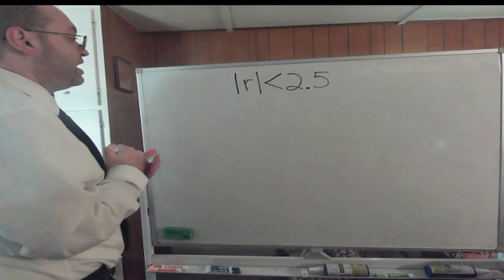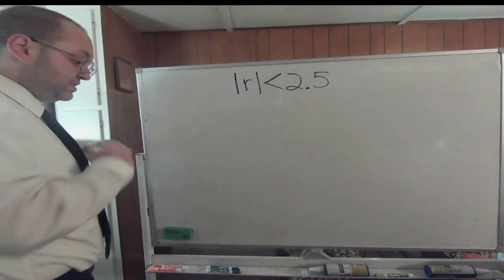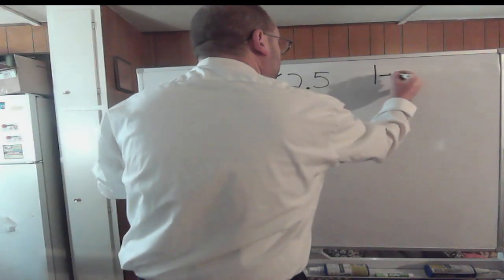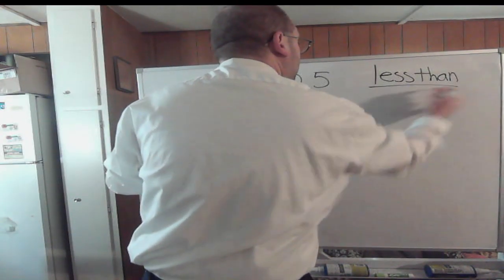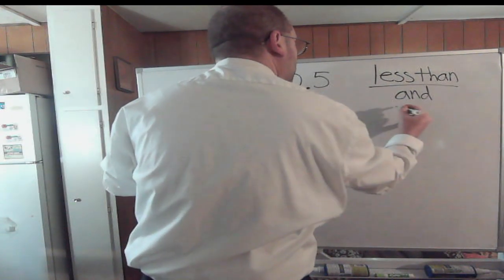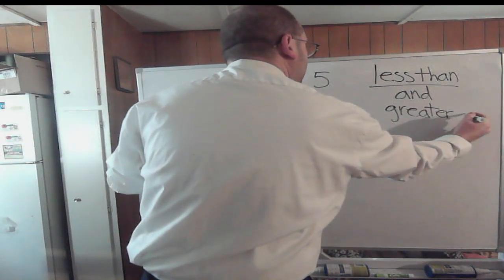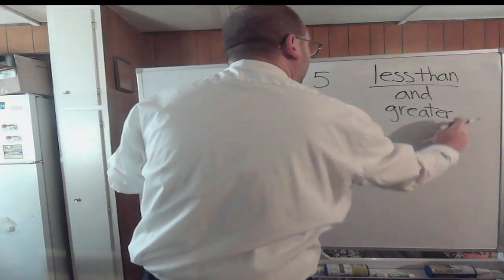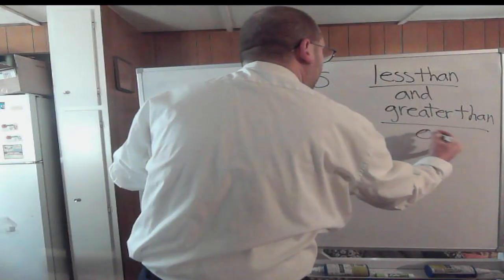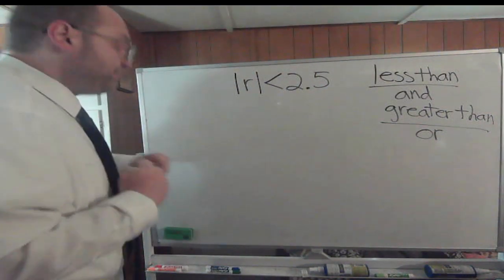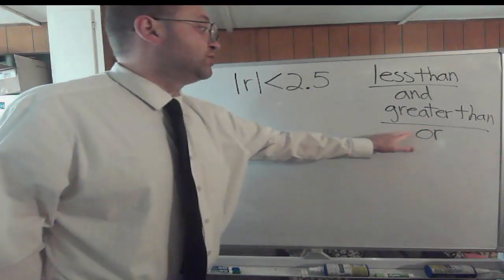Okay. Well, when you solve these, this is going to come in handy in a second. Less than and greater than, we'll say greater than would be or. How you remember this is you could think of less than and greater than, greater.